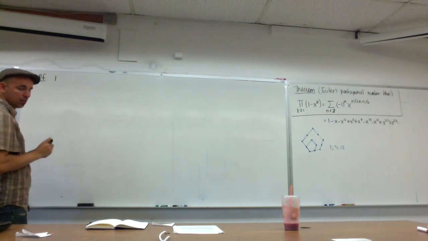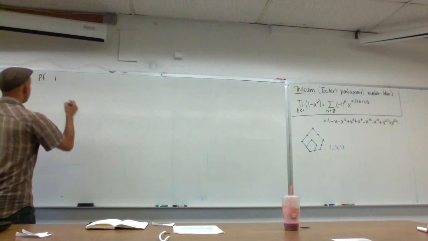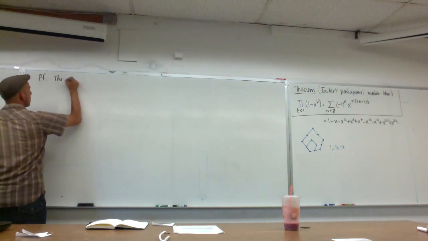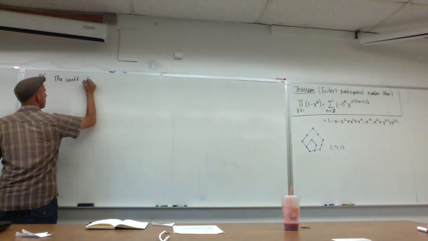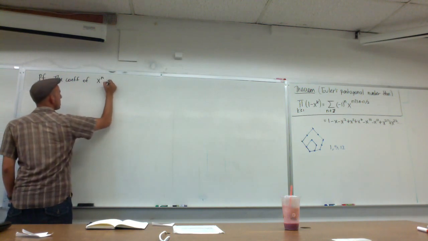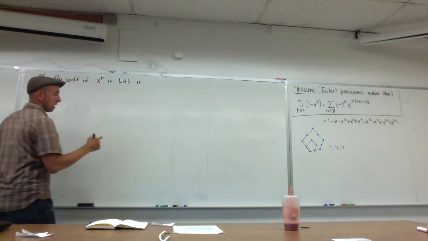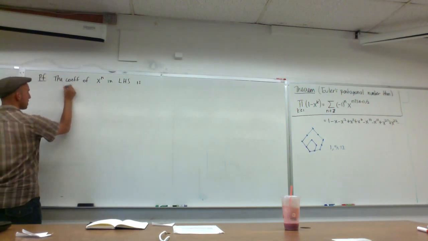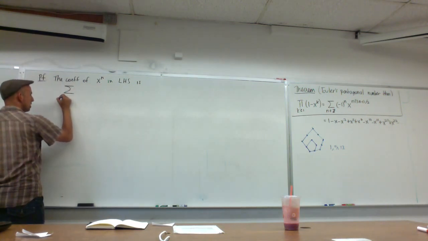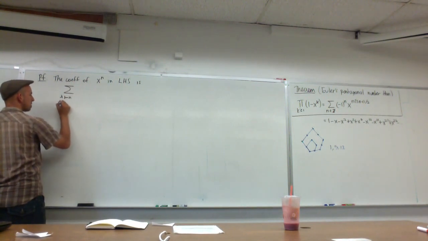On the left-hand side, how do I say this? The coefficient of x to the n in the left-hand side, if it was plus, then I would be summing over lambda, a partition of n into distinct parts.